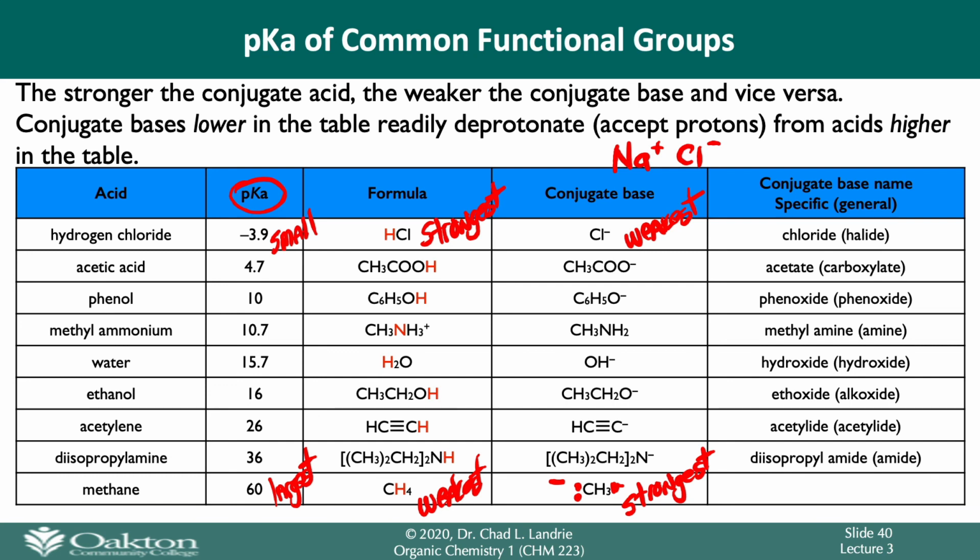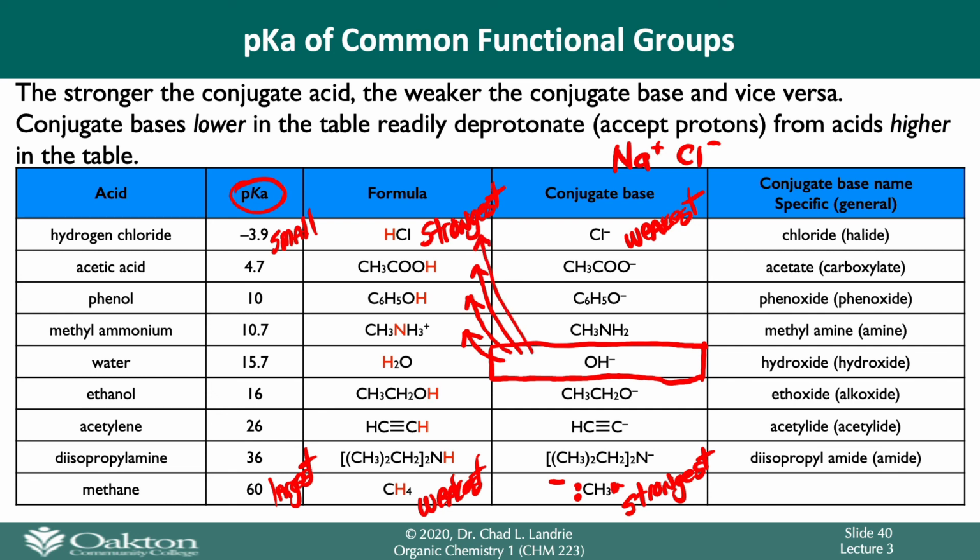Another key point in this chart is that if we look at any conjugate base, let's say hydroxide, we could conclude that hydroxide is a strong enough base to react with all of the conjugate acids above it in this table, to give me KEQ values that were much bigger than 1.